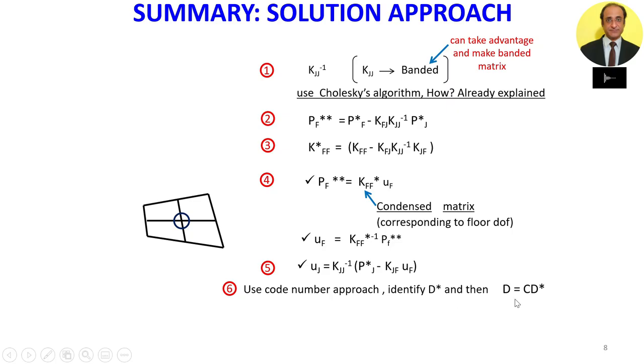Then we make use of the displacement transformation matrix to convert these into the absolute displacements, and once we have these, we get the displacements in the local coordinate system, and finally we get the member end forces. In this step we also superimpose the fixed end forces if there are any. So this process gives us the complete solution, which includes the displacements as well as the member end forces. The displacements refer to both the joint degrees of freedom as well as the floor degrees of freedom. So this is the complete process.